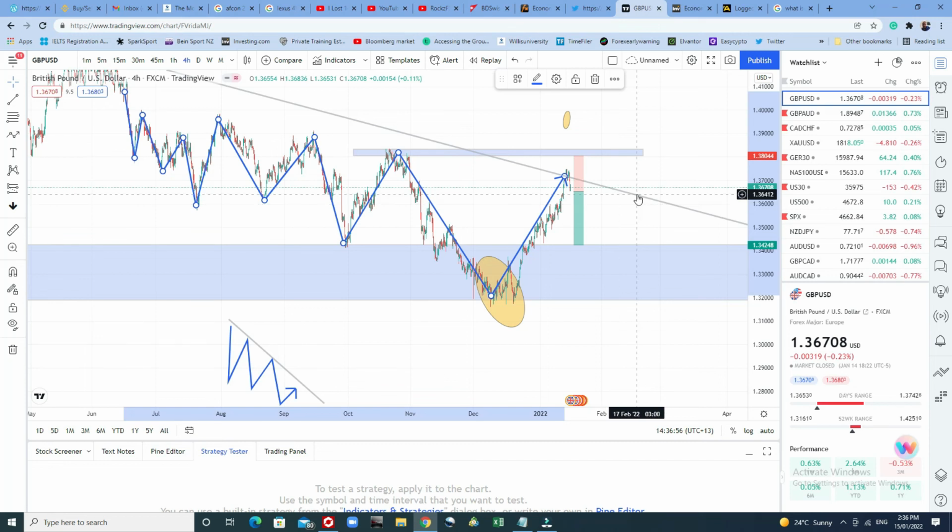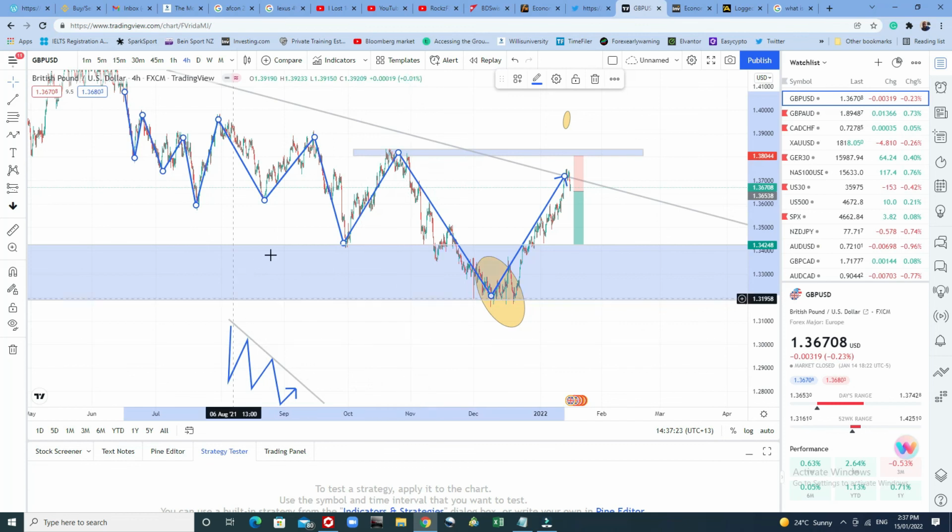This market could be propelled by maybe the Brexit, by Omicron and the coronavirus that is ravaging Europe now, and also the strength of the US dollar in the States. So the strength between the Great Britain pound and the USD is demonstrated in this chart.